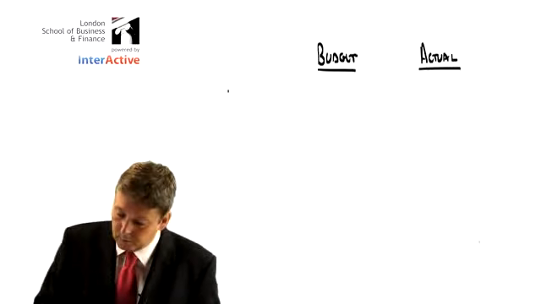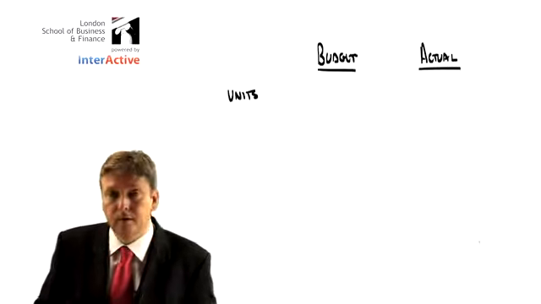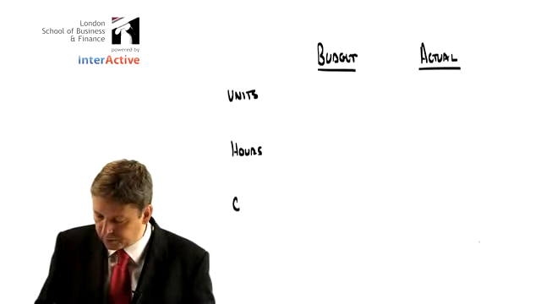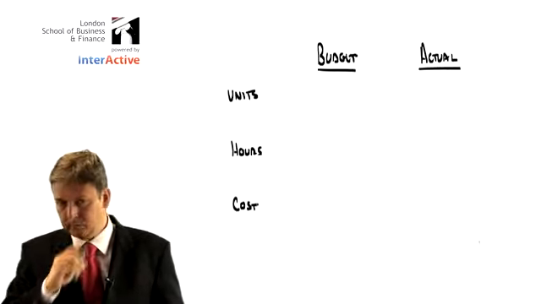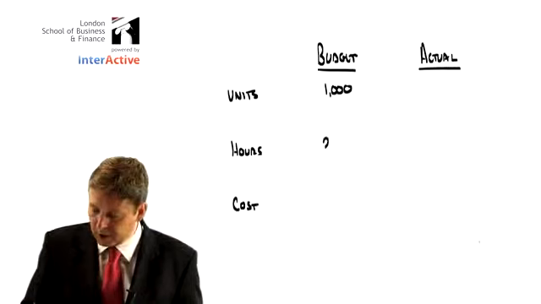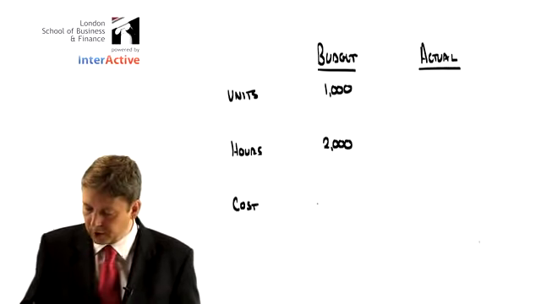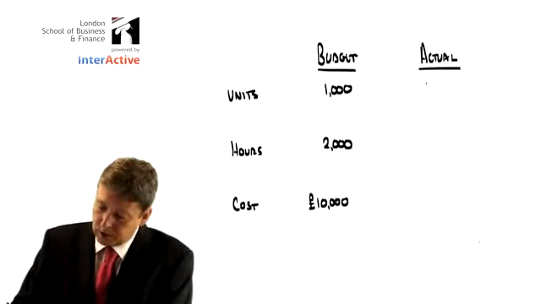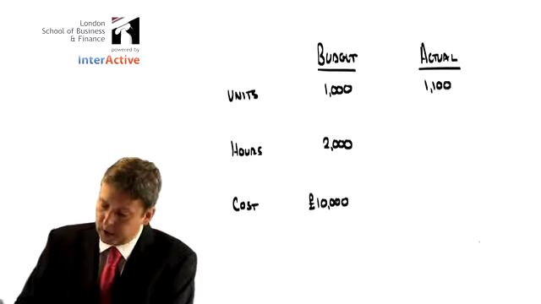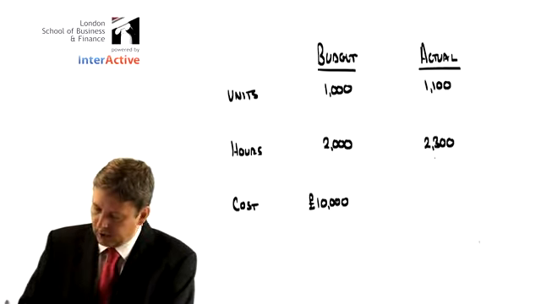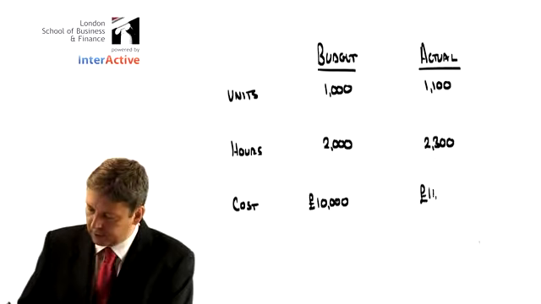I'm going to give you budgeted units, budgeted hours, and budgeted cost. Budgeted units are 1,000. Budgeted hours are 2,000, and budgeted cost is 10,000. And then we have the actuals. Actual units are 1,100, actual hours 2,300, and actual cost 11,000.